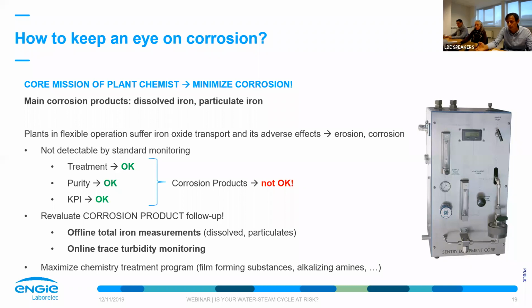Some examples are film-forming substances, alkalizing amines, dispersants, and so on, that could be implemented to face your problems during your flexible operation.